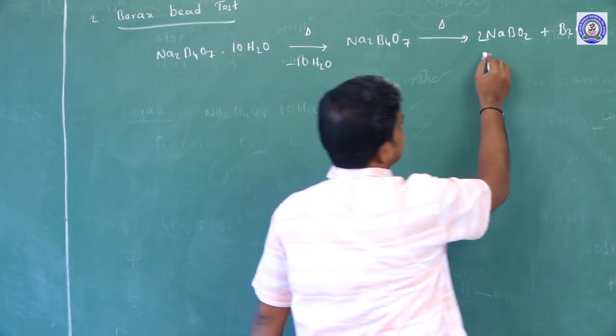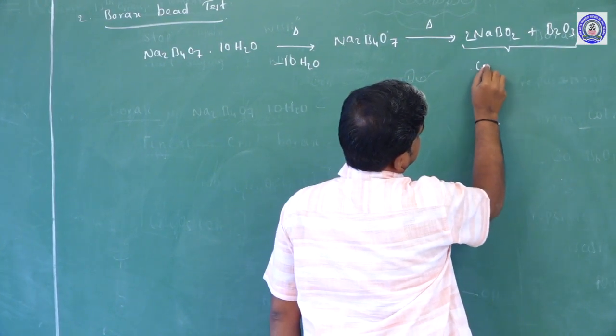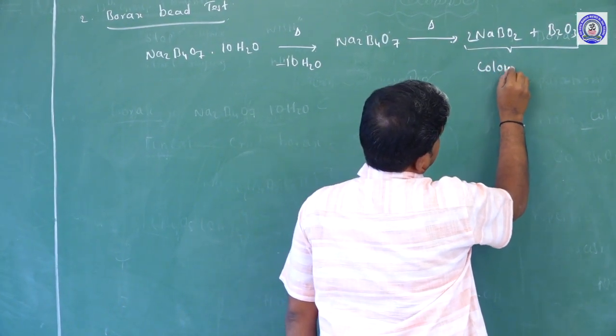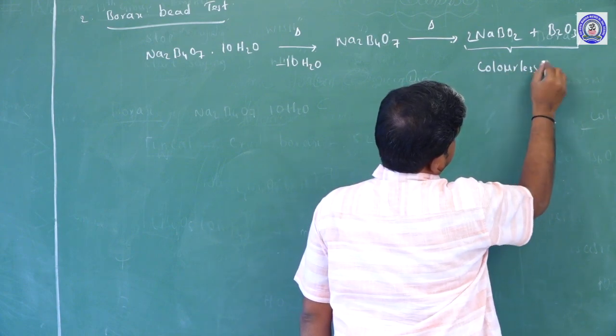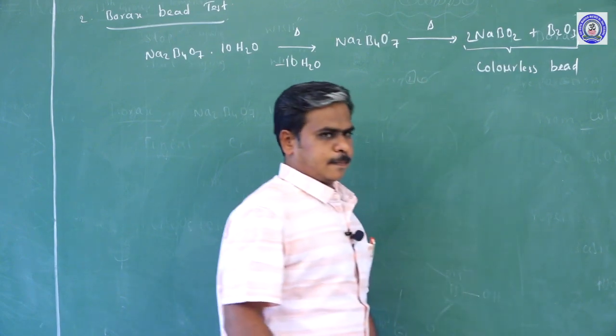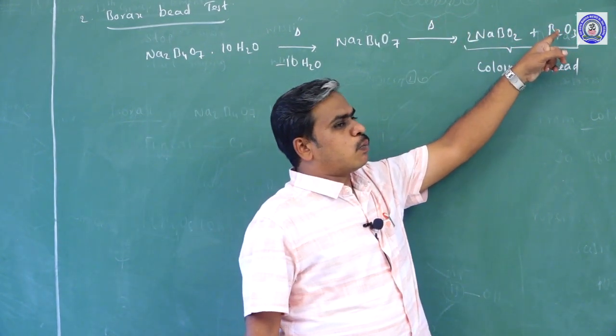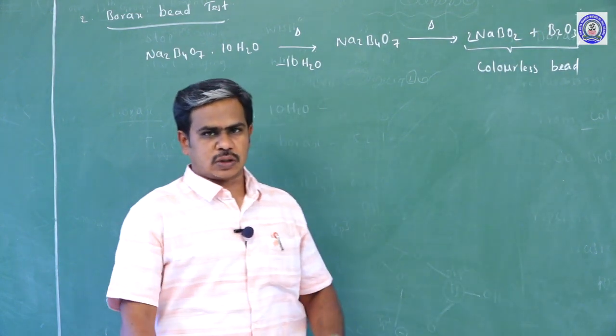Then it is a colorless bead. So, the colorless bead is obtained, and the bead is due to boric anhydride, B2O3.